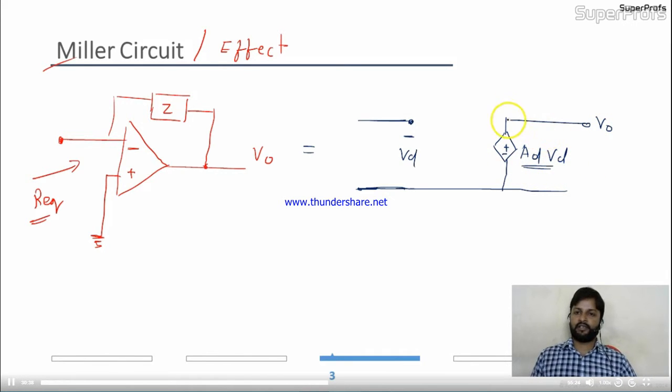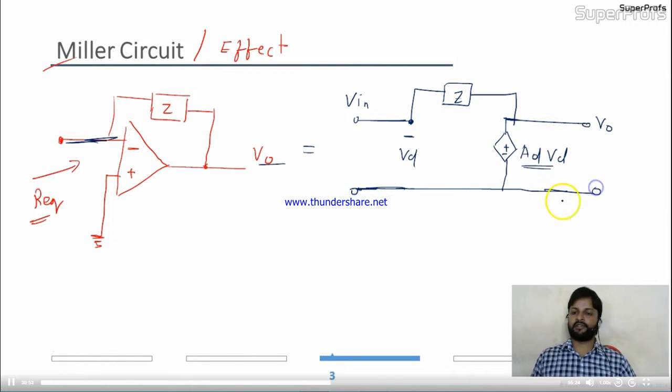Is it okay? And from output to input point, we have feedback Z also. So we connected Z. This is the equivalent. Here it's Vin. This is the equivalent circuit. Now they are asking what is the R equivalent of this. R equivalent means at this input stage we applied the voltage Vin. Now because of this Vin, suppose in the circuit the current is In.